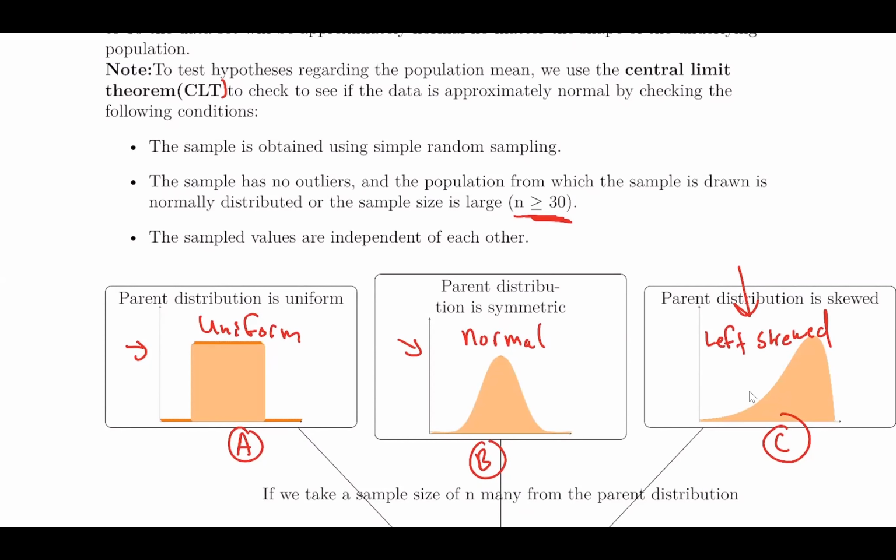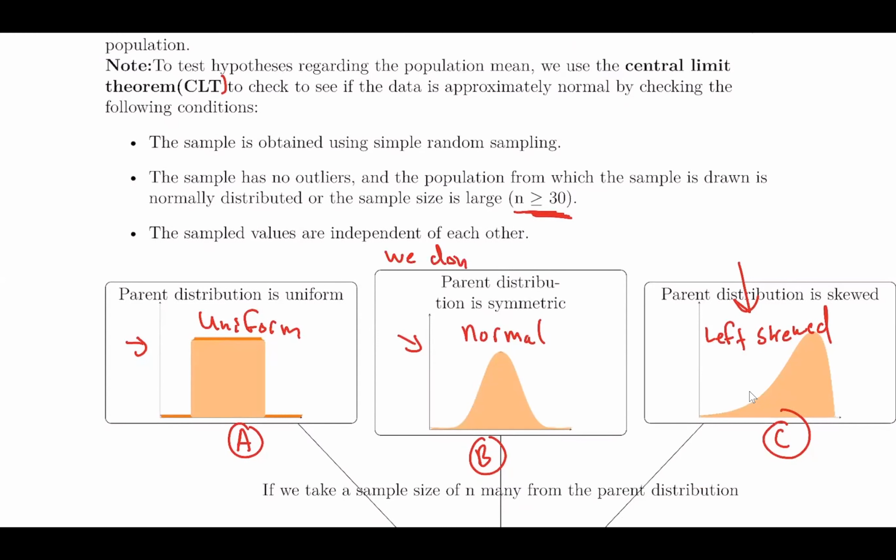So if I already know my parent distribution is normal, wouldn't the child distribution already be normal? So for this one, we don't need CLT. CLT stands for central limit theorem. So for distribution B, we don't need the central limit theorem because since I already know our distribution is normal, anything that comes out from that normal distribution, so any child distribution that we get from it, will also be considered normal.